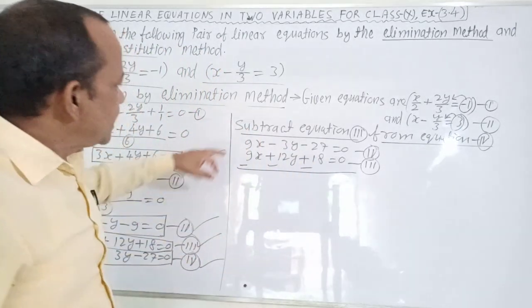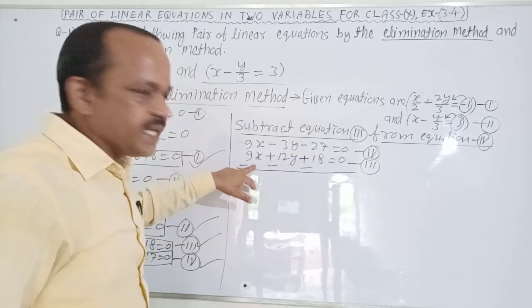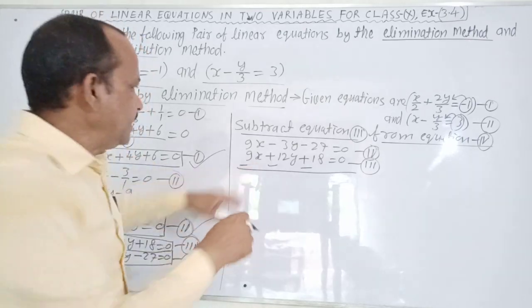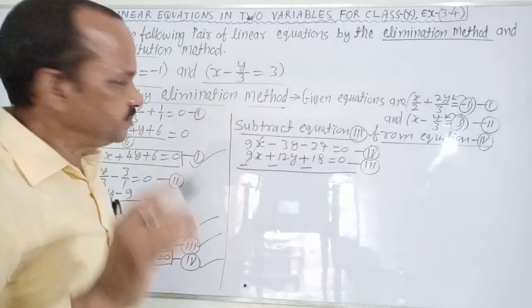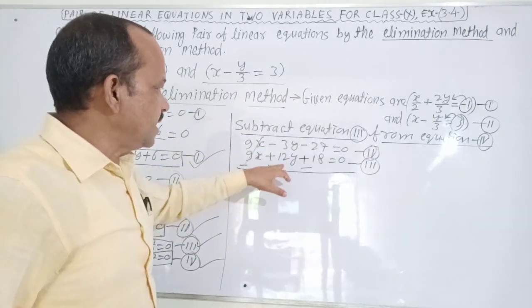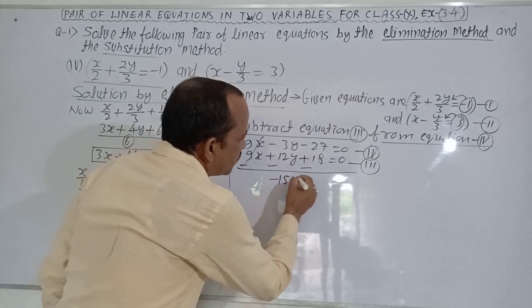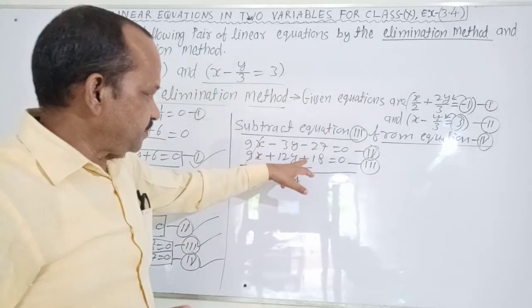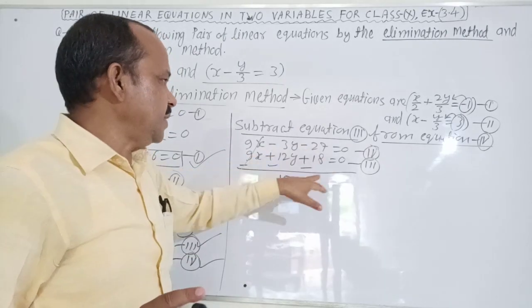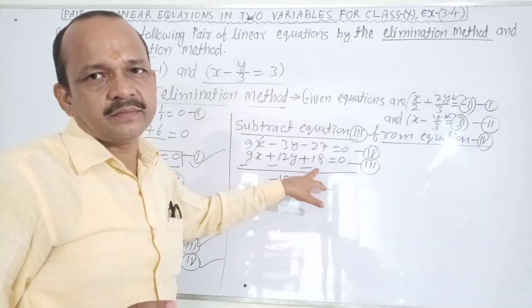Clear? Here plus 9x, here minus 9x. You can cut it. Clear? Here minus 3y, here minus 12y. It becomes minus 15y. Here minus 27, here minus 18.